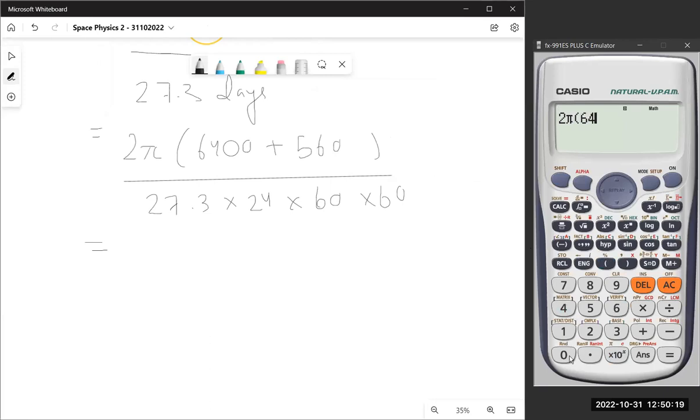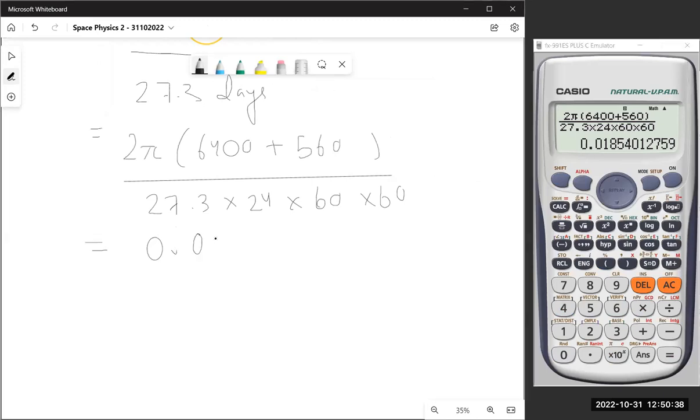Can you check my answer? I'll check your answer, just a second. 560 divided by 27.3 into 24 into 60 into 60. The answer is this much. 0.0185 km per second. I got a different answer.